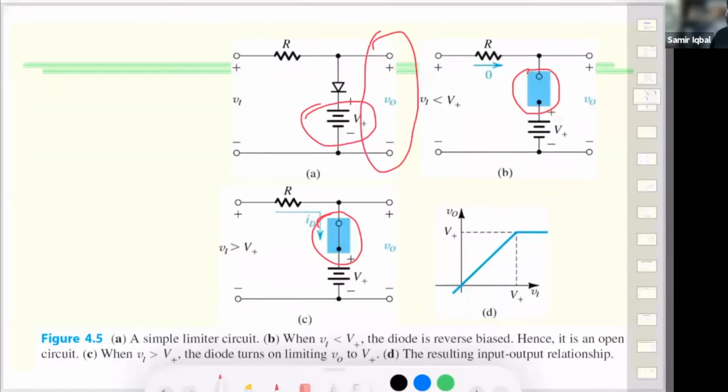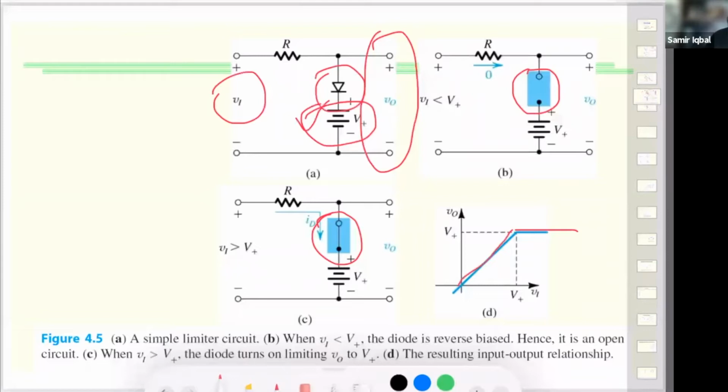Because if it goes above, we get only this and nothing more than that. While the input is going positive, with a value greater than this, the diode gradually starts conducting, and then it stays just at that value.